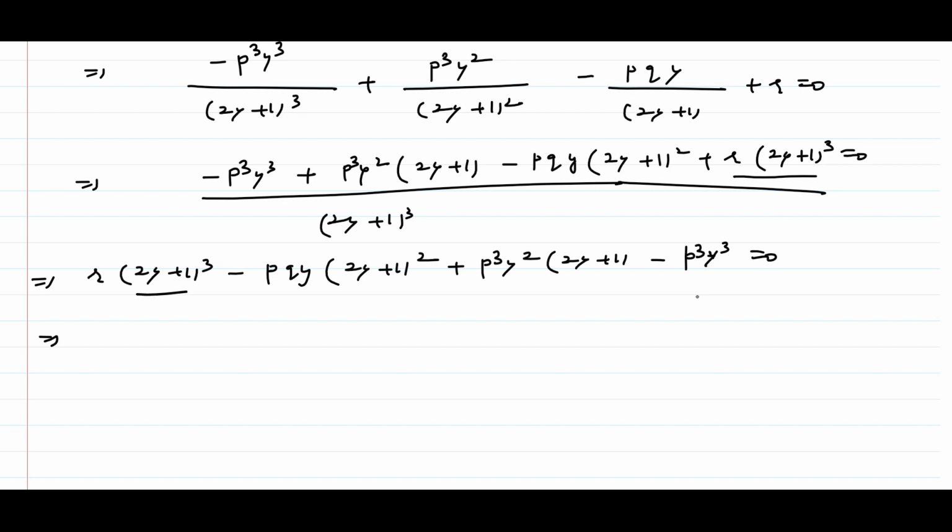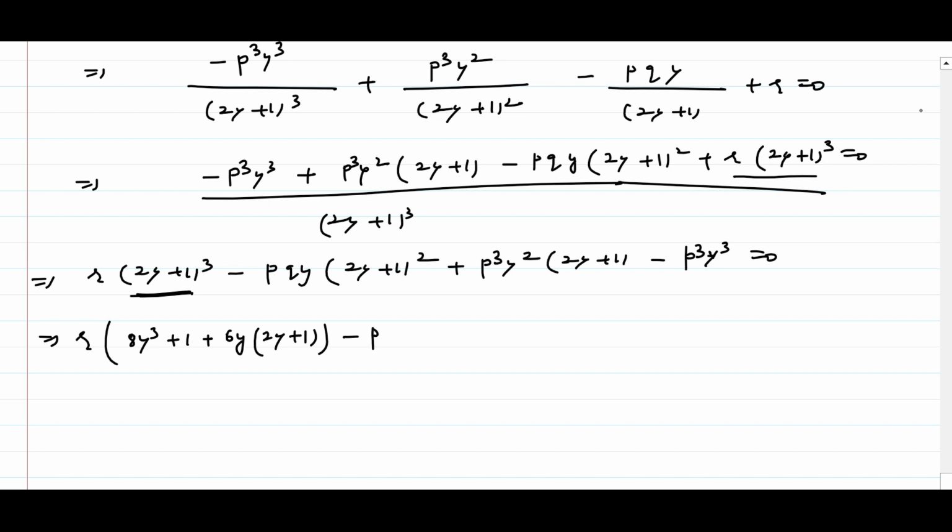So now simplify this term. Further simplifying, we will get, so that a plus b to whole power 3 is a cube plus b cube plus 3ab, that is 6y multiplied to 2y plus 1.